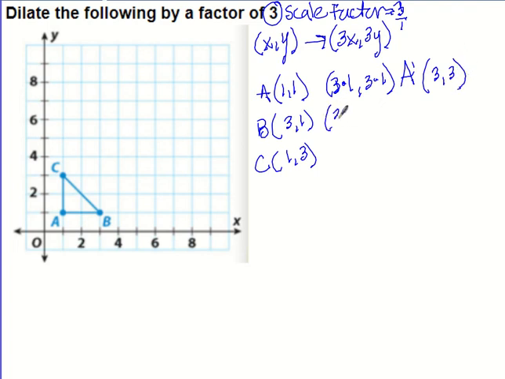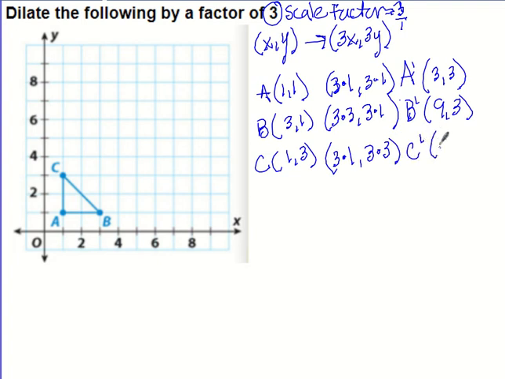And then I'm going to take 3 times 3, and 3 times 1, and B prime is going to become (9, 3). Notice I put the scale factor first every time. This is the scale factor right here, 3, 3, 3, 3. The first one's always the scale factor because if you notice in my rule, it's written the same way. So I'm going to go 3 times 1, comma, 3 times 3. I'm going to get C prime to be (3, 9).